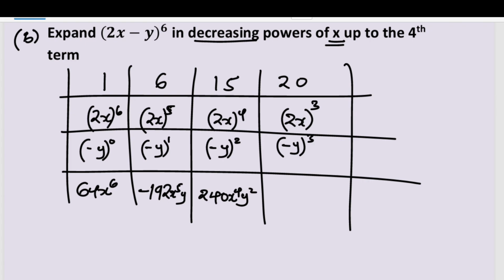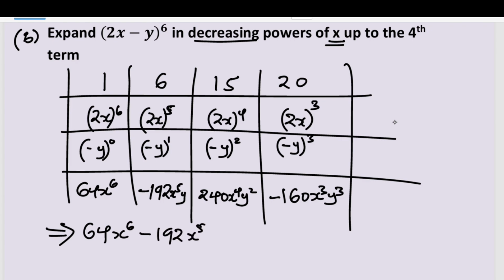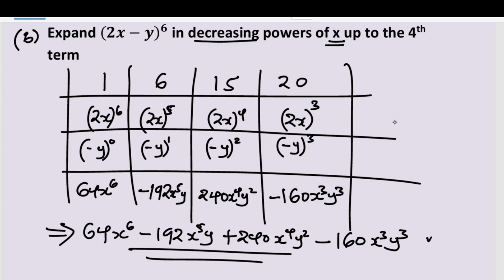And then 8 times 20 is 160, so negative 160 x power 3 y cubed. So the final answer therefore will be 64 x power 6 minus 192 x power 5 y plus 240 x power 4 y squared minus 160 x cubed y cubed.